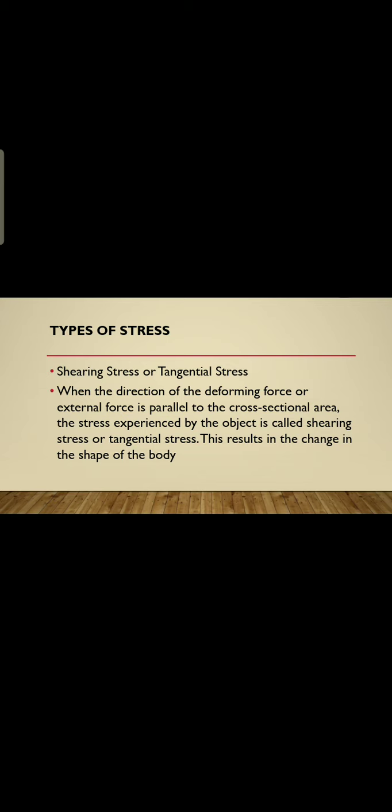The result is the change in the shape of the body. So basically, when the direction of the deforming force is parallel to any cross-sectional area of the object, that type of stress is known as the shearing stress. As a result, the shape of the body or area of the body changes.